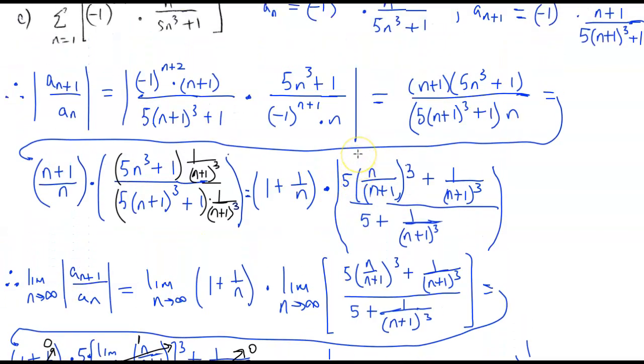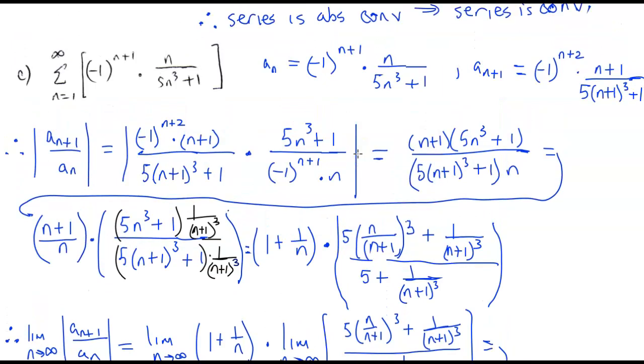Okay. So if we go back and look at this, we need to compare the n divided by 5n cubed plus 1 and see, all right, as we make n higher and higher, is this b sub n that's right here going to be ultimately decreasing?